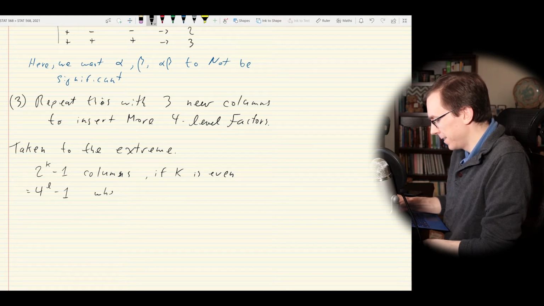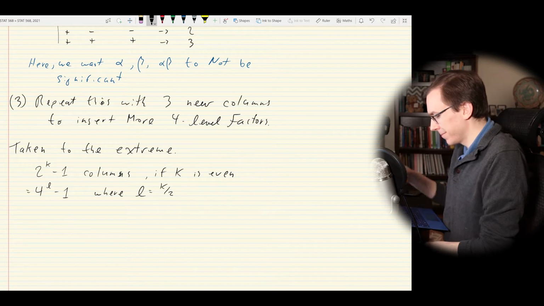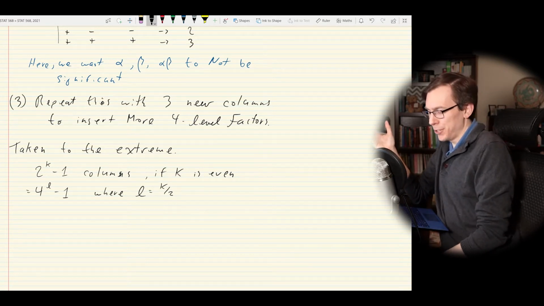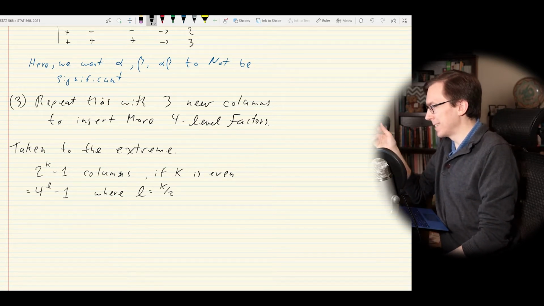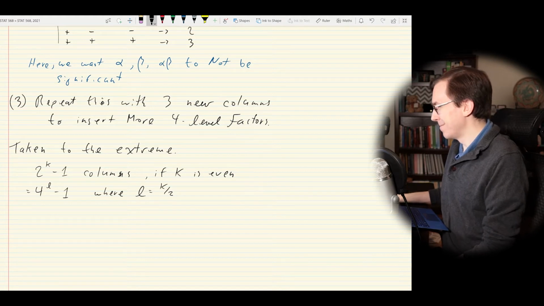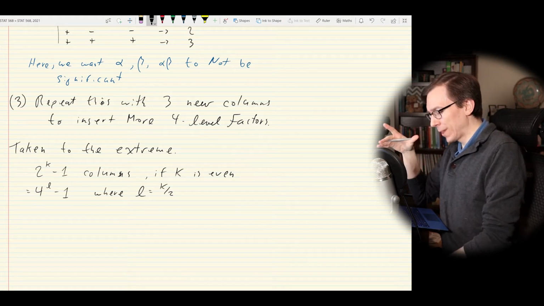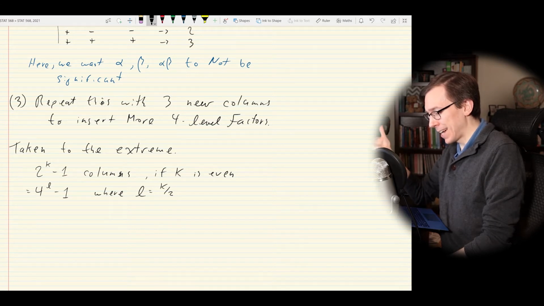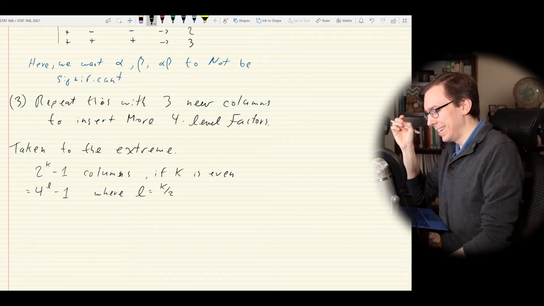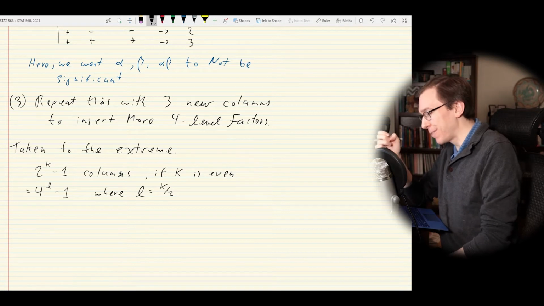Where L is just half of K. So it seems like we should be able to cram a whole bunch of 4-level factors into a design matrix or a design table that originally has a bunch of 2-level factors in it.